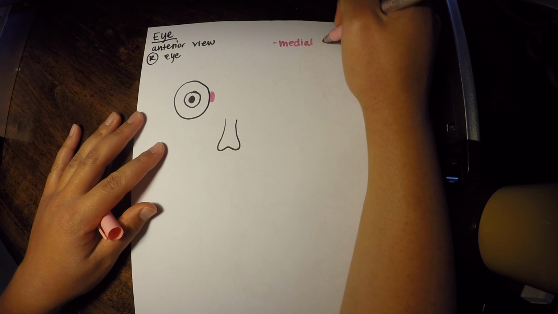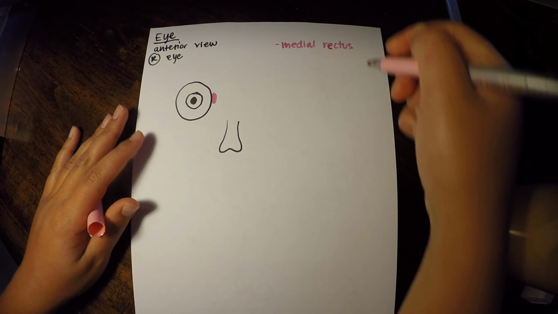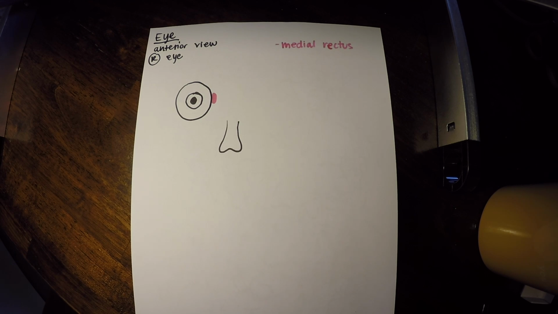Medial rectus. And now on the face and muscles of mastication, I didn't need you to know the innervation, or the nerve, for each muscle. But for these eye muscles, I do want you to know the innervation, or the nerve that innervates each muscle. What I mean by that is there's a specific nerve going to every muscle, and we'll review this more when we talk about our nervous system.